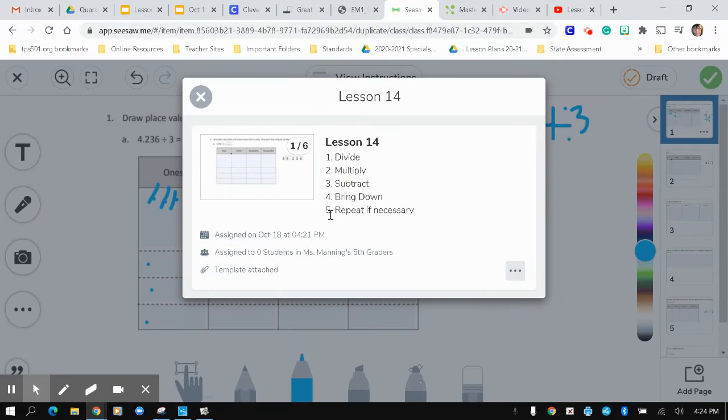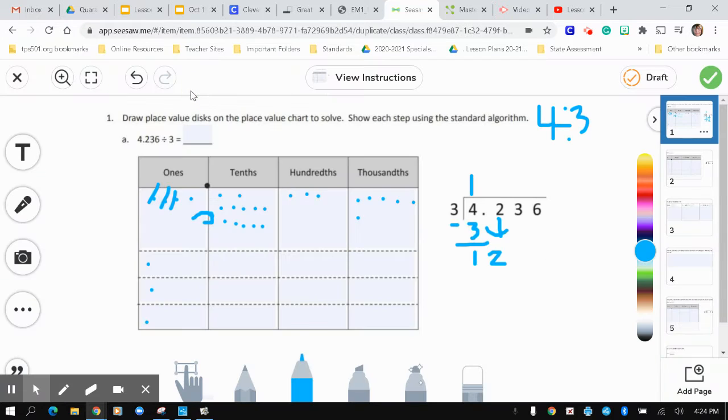So in our steps, we just brought down. Now we're repeating if necessary. We still have numbers to divide, so we're going to repeat. We go back up to the top and we divide. Now we don't have 4 divided by 3. Now we're dividing 12 divided by 3.